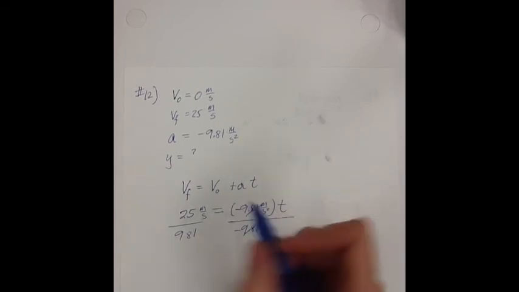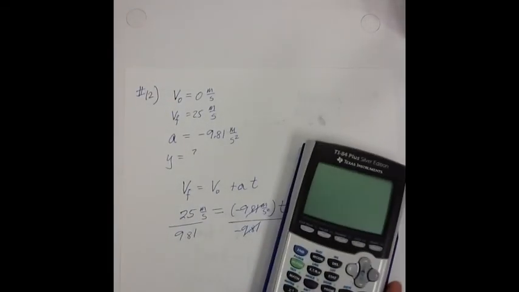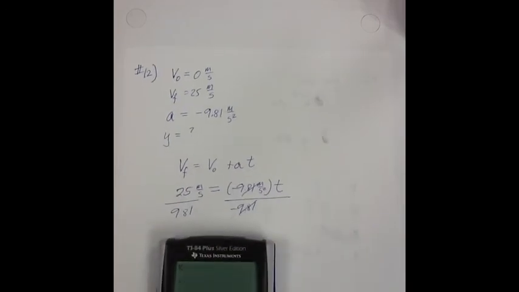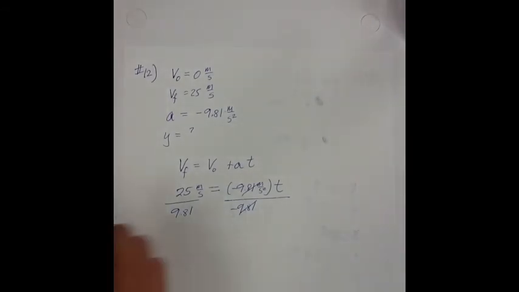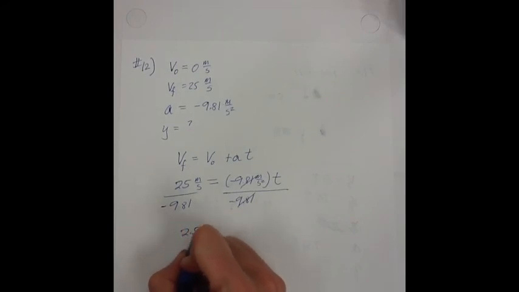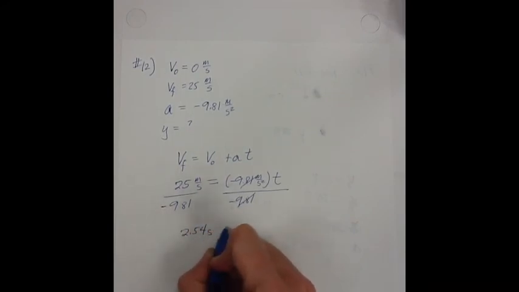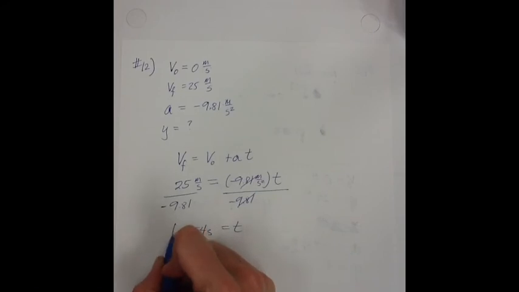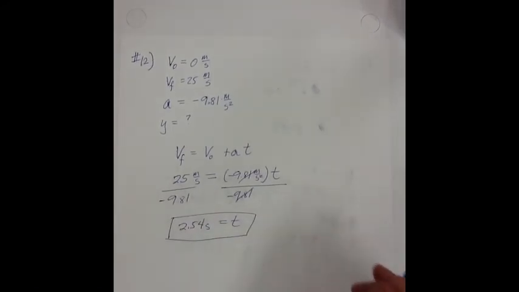Cancel, cancel. And I get 25 divided by 9.81, which is negative, by the way, 2.54 seconds. That's how much time it takes.